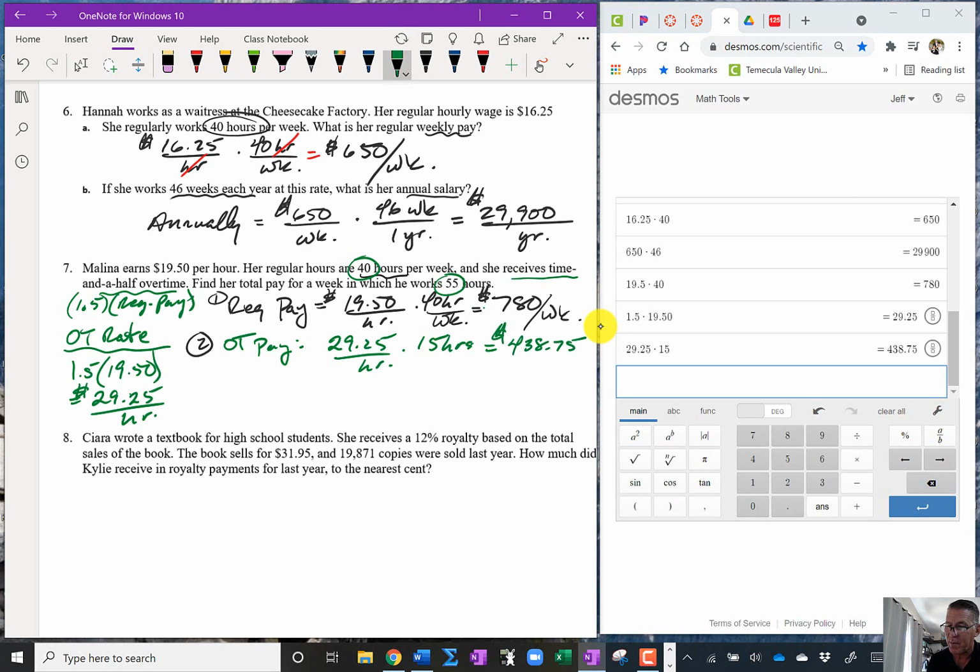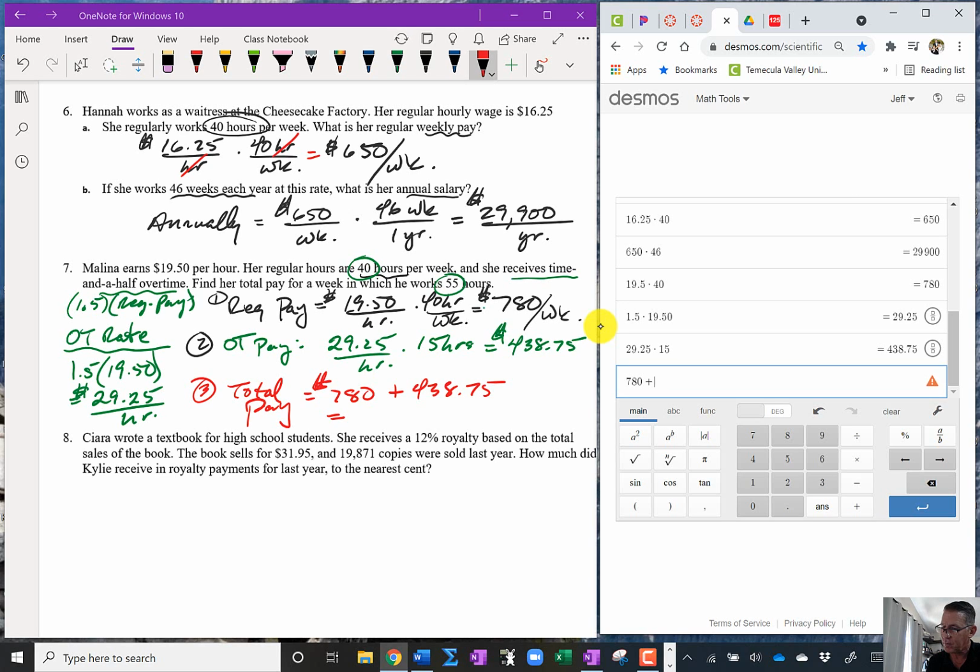With step 3, total pay, we obviously have to add these numbers up. So 780 plus 438.75. Of course, you've got to type the right numbers in.